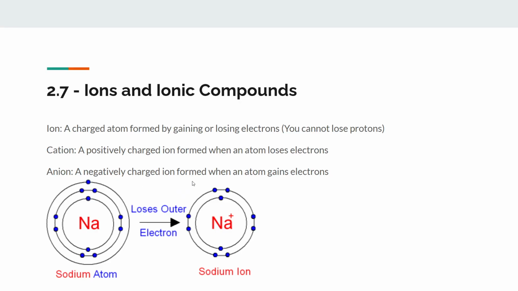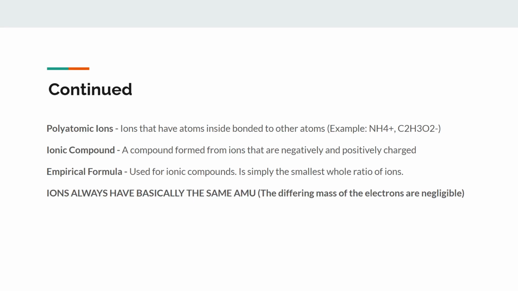A negatively charged ion forms when an atom gains electrons. I don't have a model for it here, but a nonmetal, because it rips the electrons off, will be negatively charged. And since it has an extra electron, or negative particle, it will carry a negative charge.